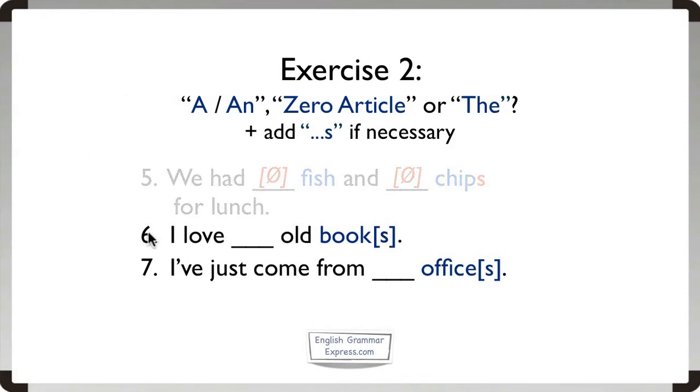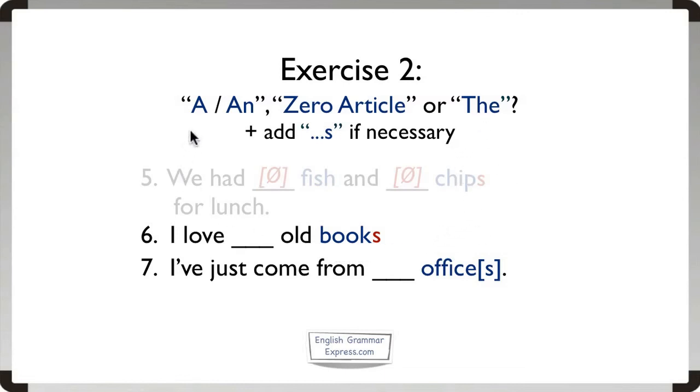Sentence number 6. I love something old books. The noun of the sentence is book. And the next question is, does it go into the singular or the plural? And the answer for this sentence is, it should be plural. The next question is, are we talking about books in general, in which case we would use zero article for countable plurals, or in particular, in which case we would use the?